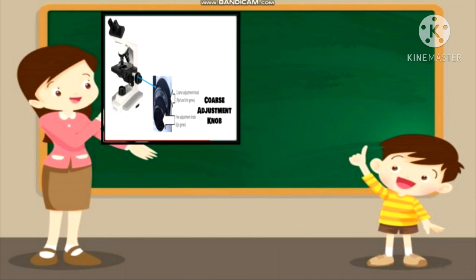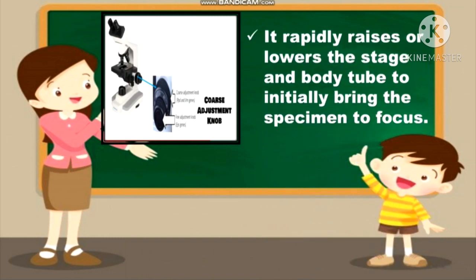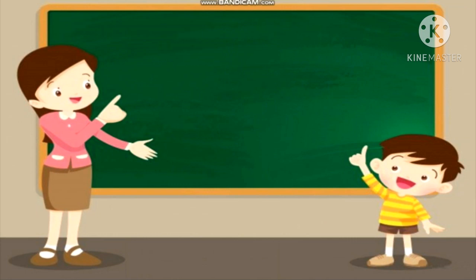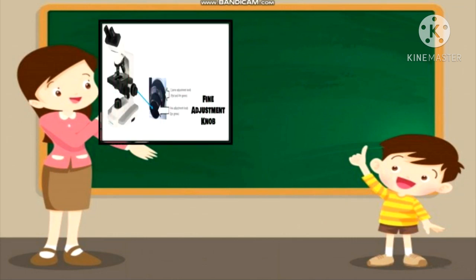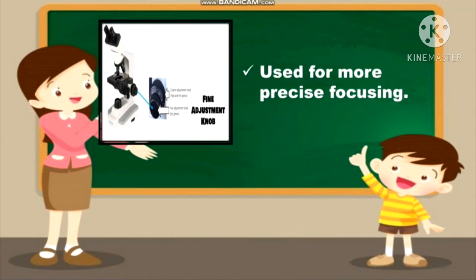It rapidly raises or lowers the stage and body tube to initially bring the specimen to focus. Then we have here the fine adjustment knob, or the smaller one. It is used for more precise focusing.